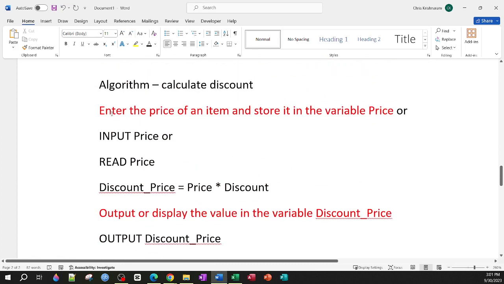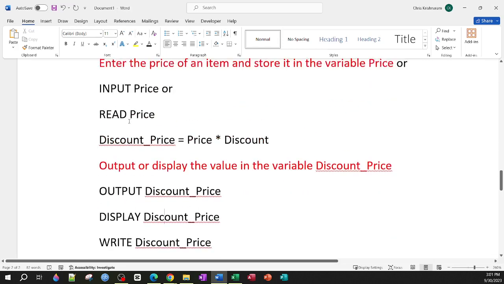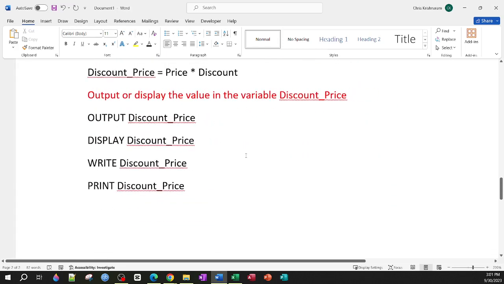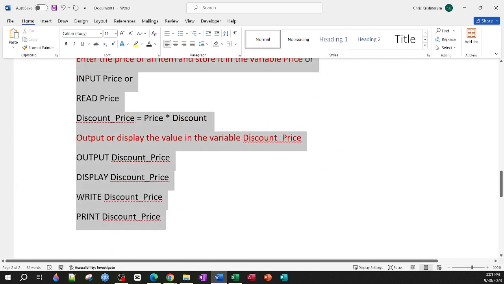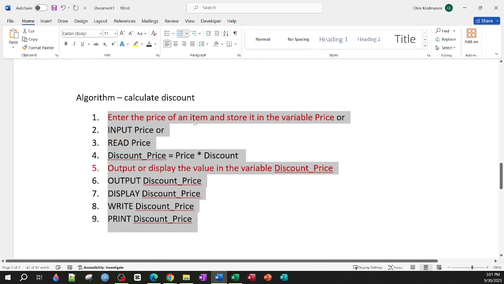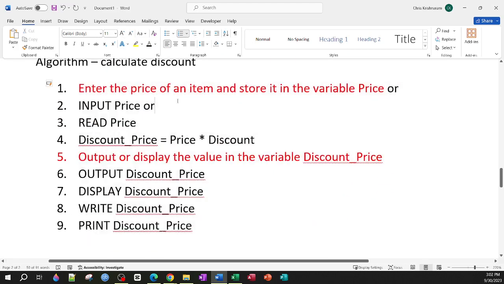And once again, remember we're learning how to create algorithms. Algorithms are a sequence of steps. Step 1, step 2, step 3, and so on. So I could have numbered them, because that way I can help keep track and know what step is which. Step 1, enter the price.